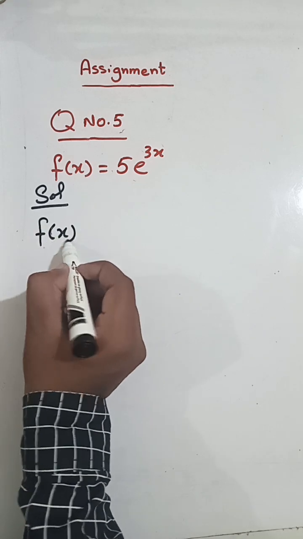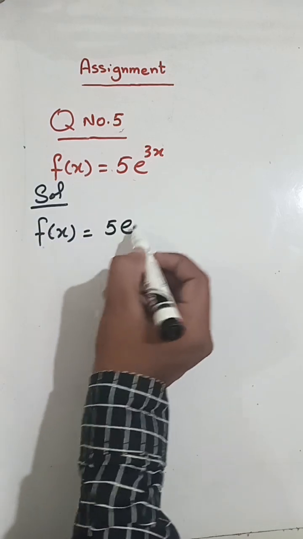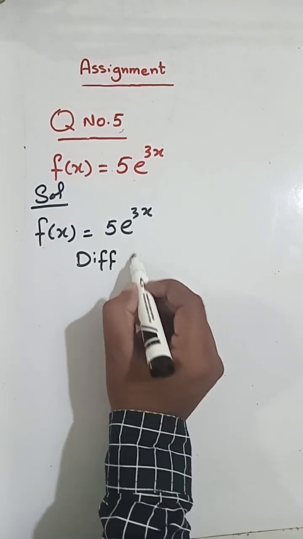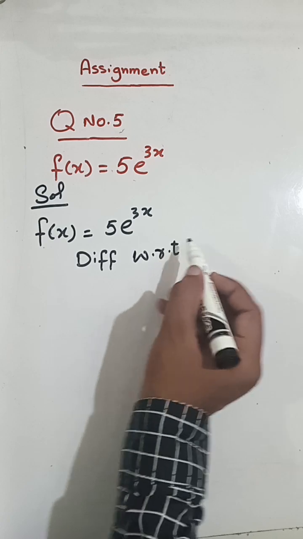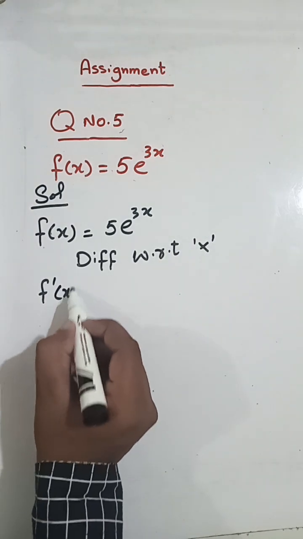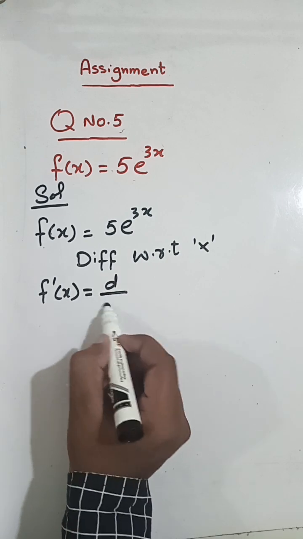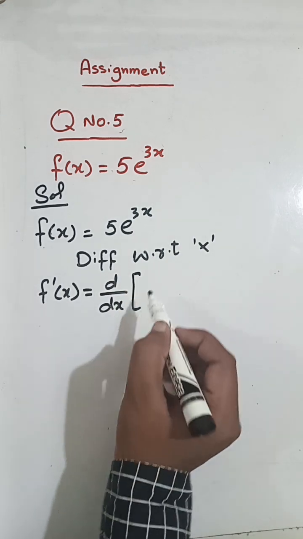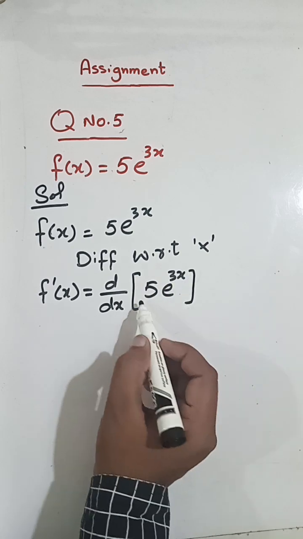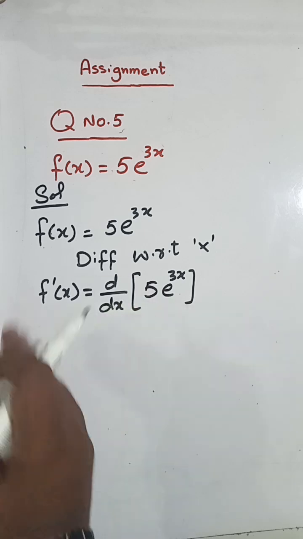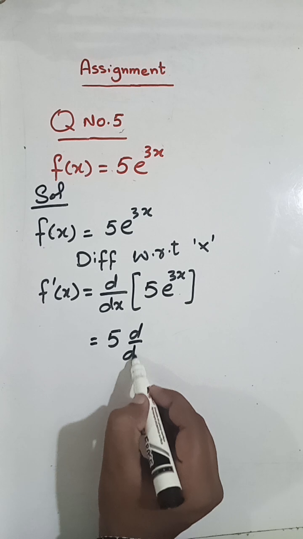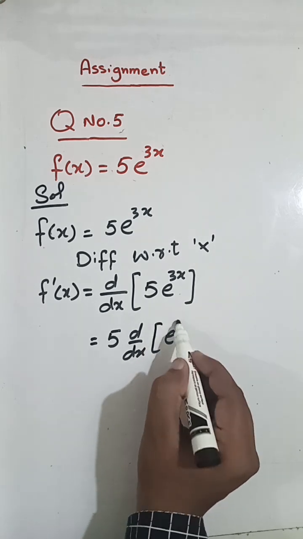f of x is equal to 5 into e raised to power 3x, differentiate with respect to x. It is f prime x, that is the derivative of a function. Here we have d by dx of 5 into e raised to power 3x. So this 5 goes outside and remaining we have e raised to power 3x.